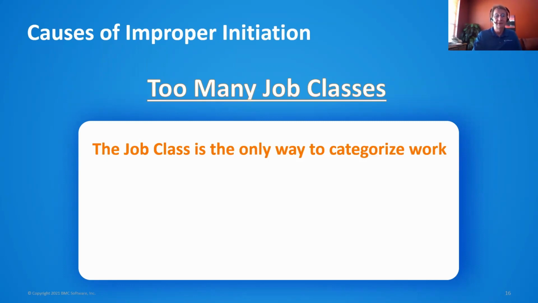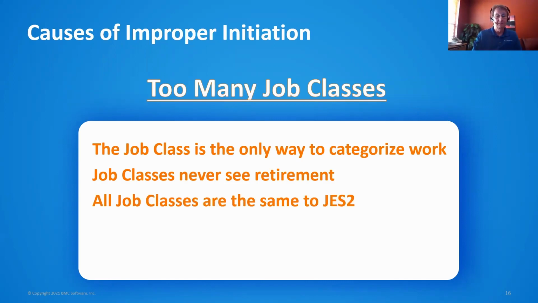And in my experience, they never seem to retire. Once a job class is built and people start using it, it never goes away. Okay, so you get this sort of job class sprawl in shops, and we've seen them with 50, 60, 70 job classes. I mean, come on, how can you possibly manage that gracefully? And all job classes, again, are all the same to JES2. It doesn't matter.